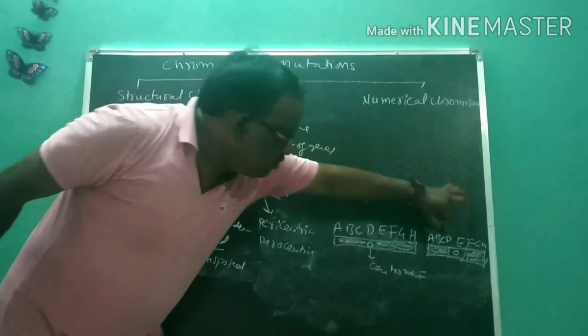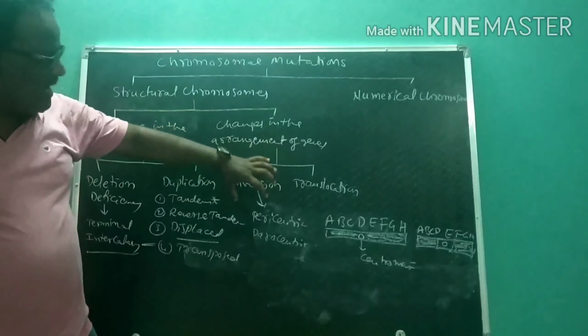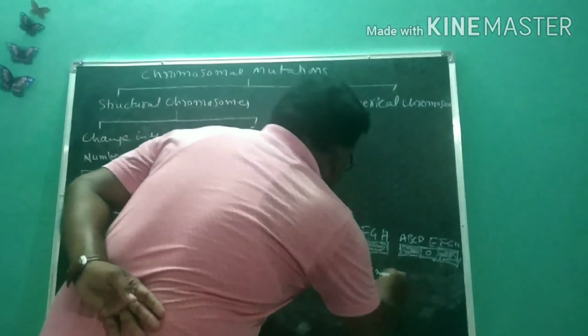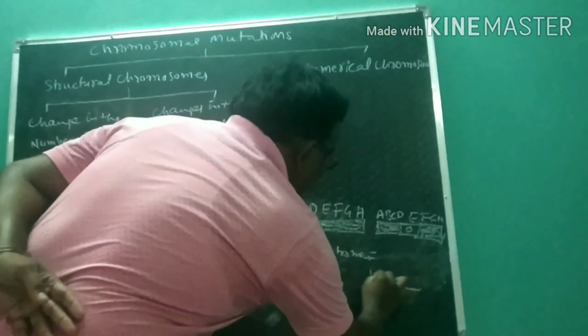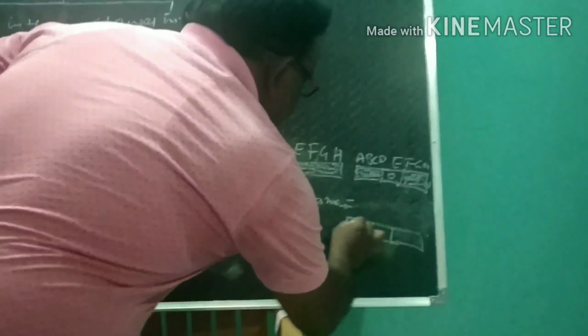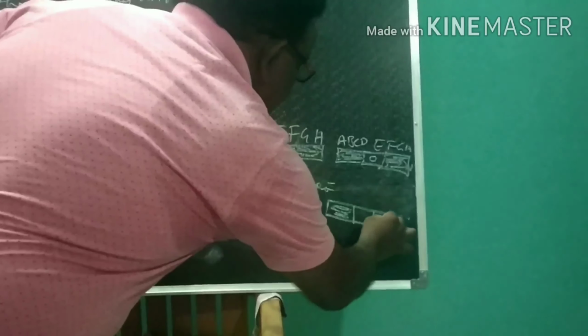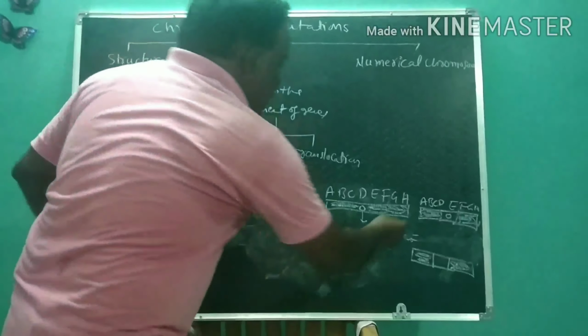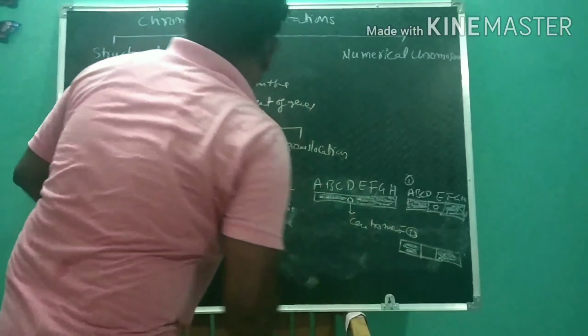That includes the centromere, so it is called pericentric. Sometimes the rotated segment does not include the centromere. It means non-centromere, simply outside. There is no centromere, so that is called paracentric. This one first and this one second. That is called inversion.